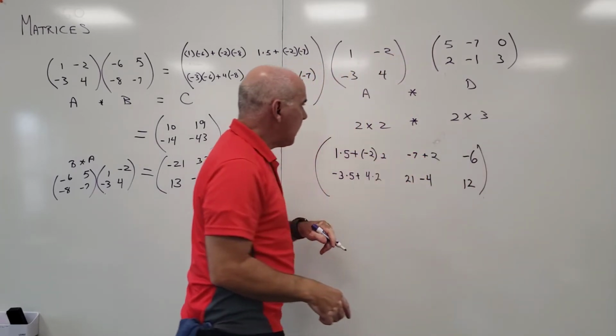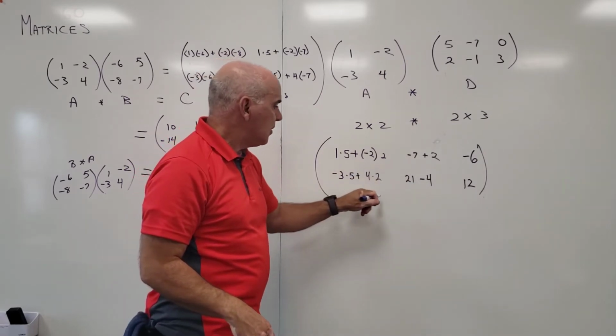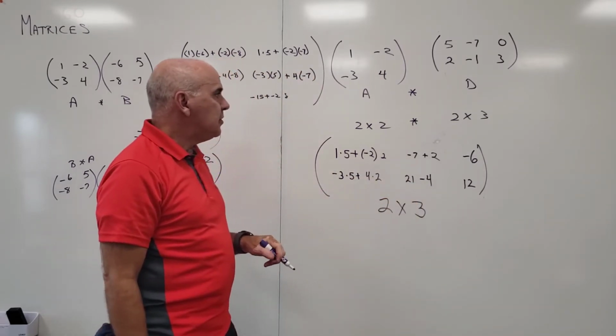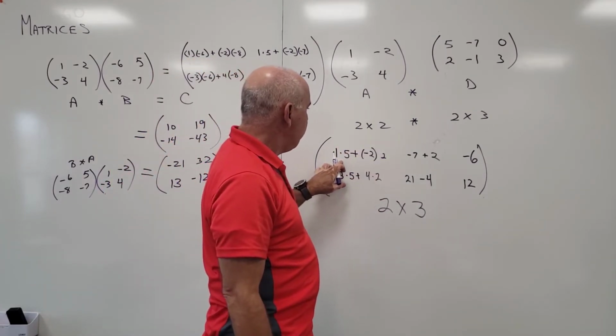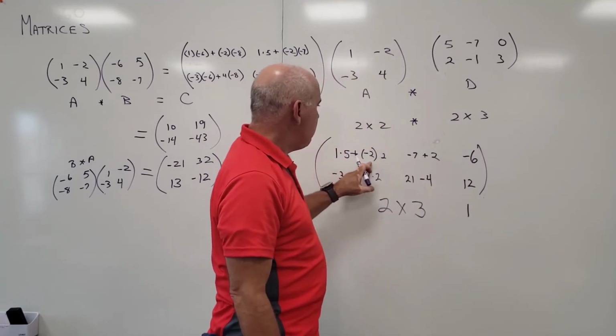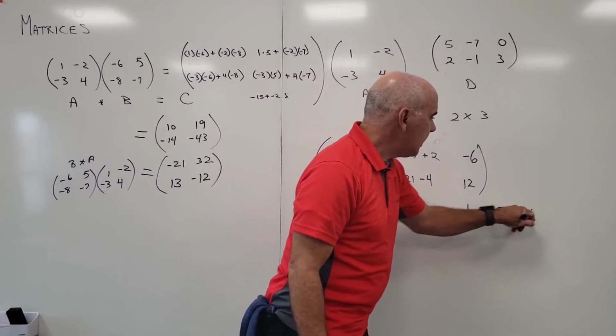And so you'll notice I get 2 rows, 3 columns in my final matrix. So this final matrix is a 2 by 3. And so what do I have? I have 5 minus 4, that's 1. Negative 7 plus 2 is negative 5. Negative 6.